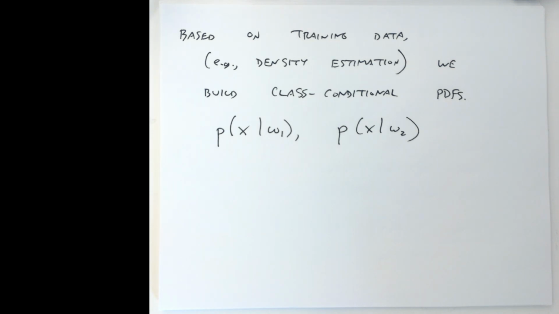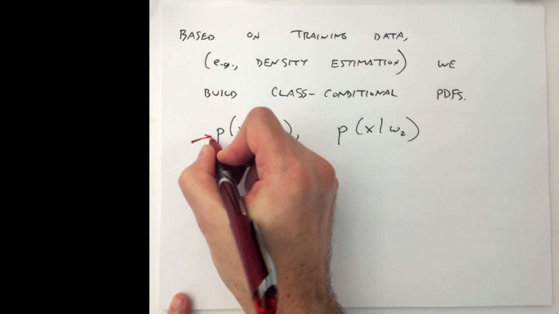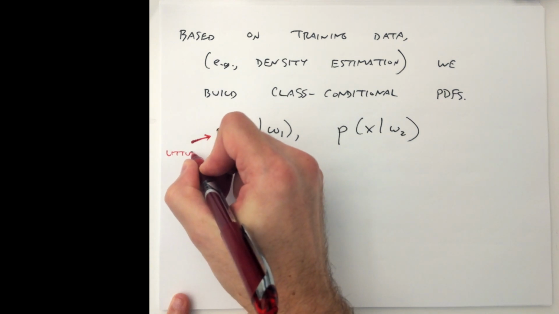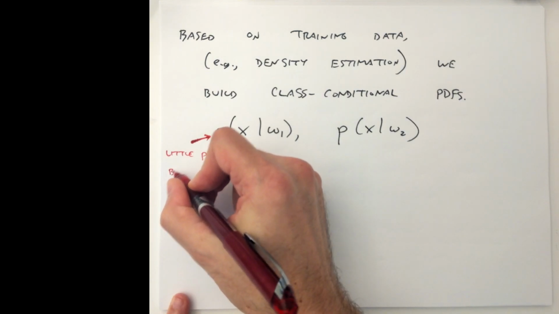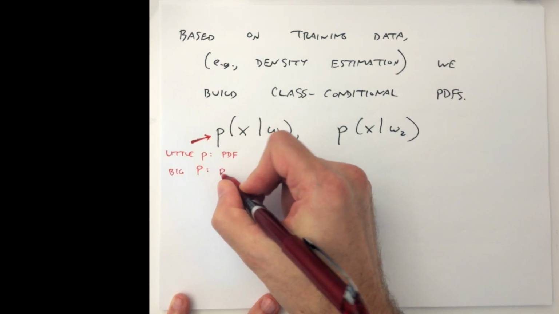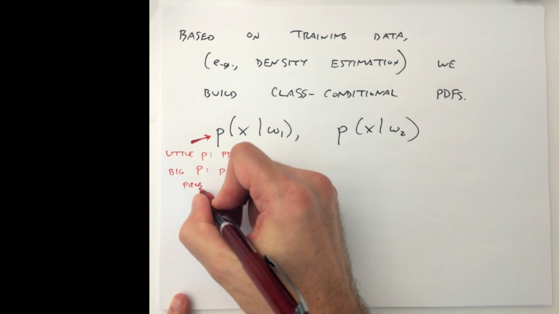And just so, I know it can be a little bit confusing. It was certainly confusing when you teach probability. Usually what we're going to do in this class, and I'll try to be consistent, is that little p means PDF, big P means PMF or probability.